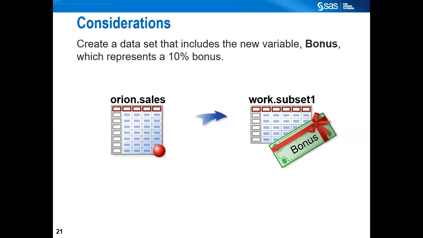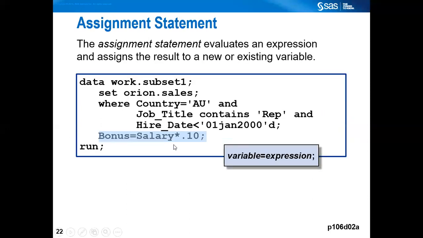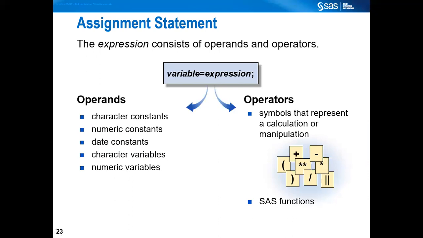Now how to apply this bonus? You use an assignment statement: variable equal to expression semicolon. Though this is a statement, it's not starting with a keyword, but it's an assignment statement where you are assigning values coming from an expression to a variable. This variable could be an existing variable or a new variable. So you are creating a new variable equal to salary times 0.10, which is 10% of salary, and it will be calculated when you get the output.